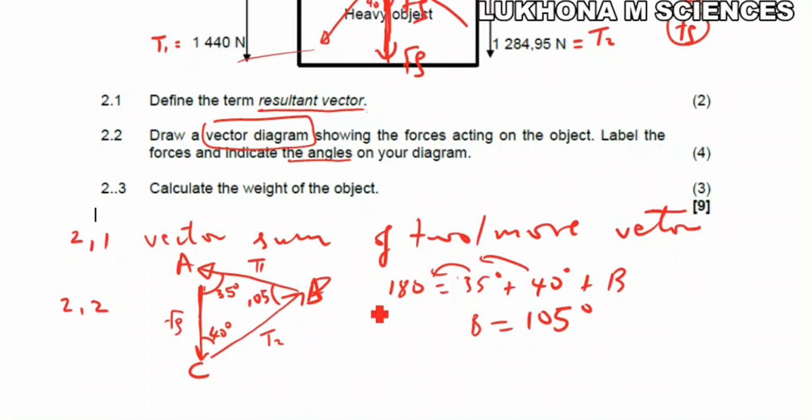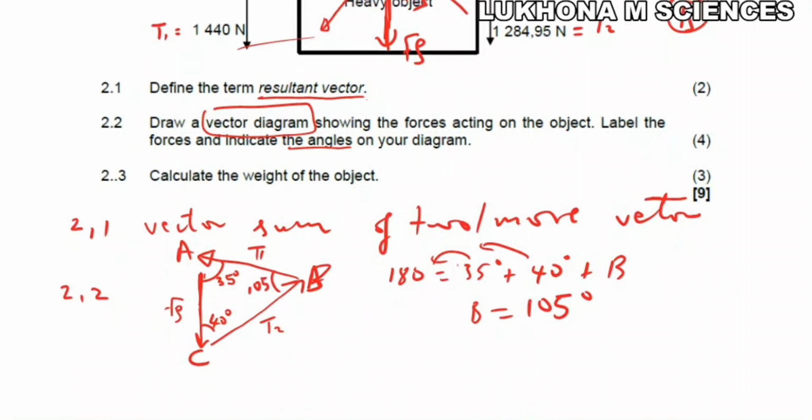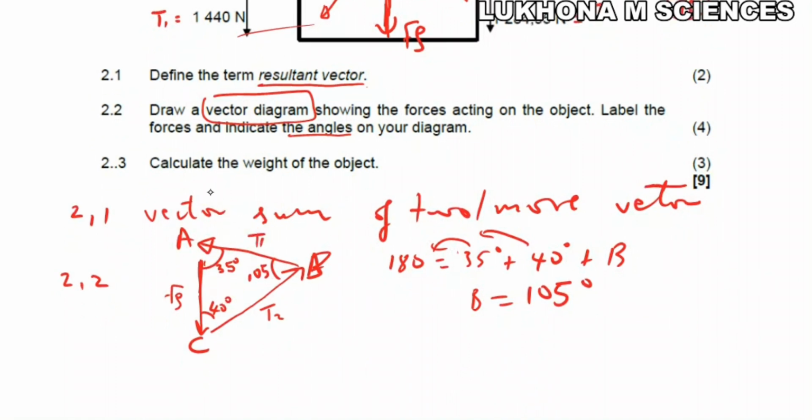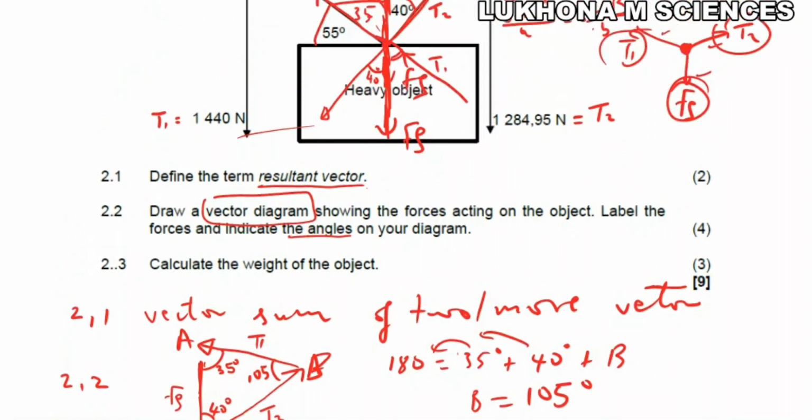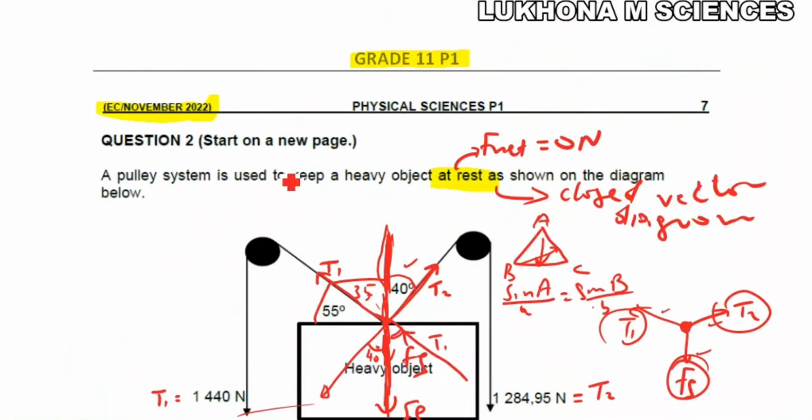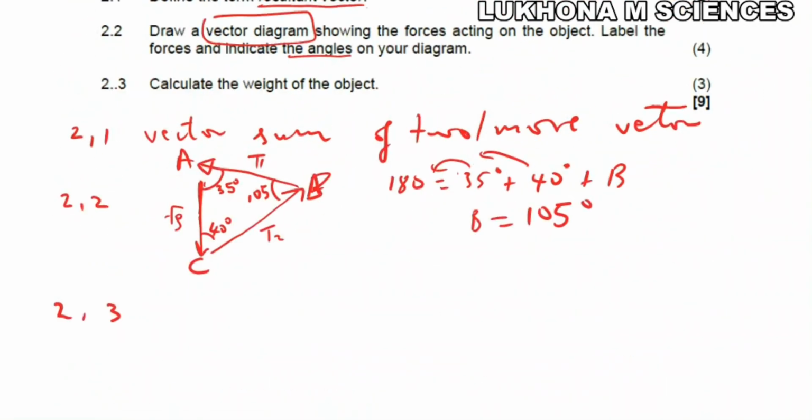Okay. Now we're going to use this vector diagram. Remember we said if we have a triangle, we use the sine rule here. This question says calculate the weight. Do we have a mass of an object? Let's go to the diagram. There is no mass there. Even in the statement there is no mass, which means we are going to use the forces.